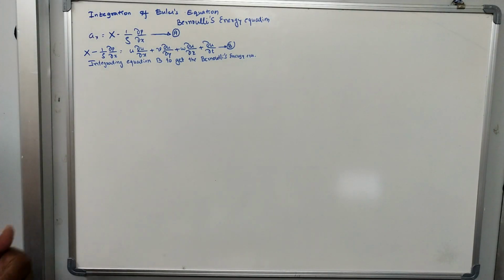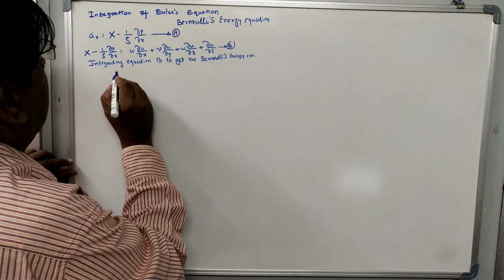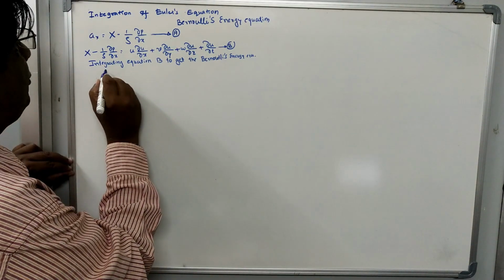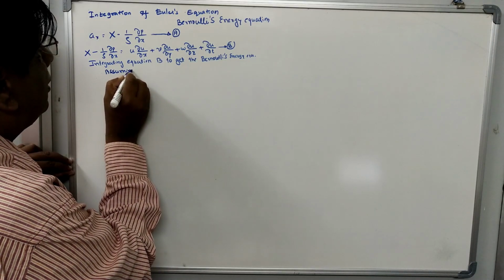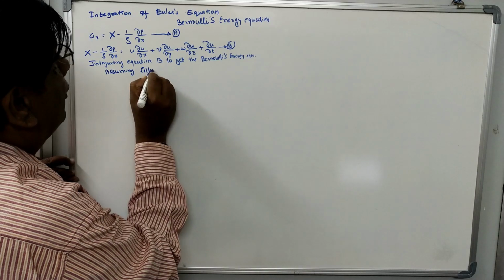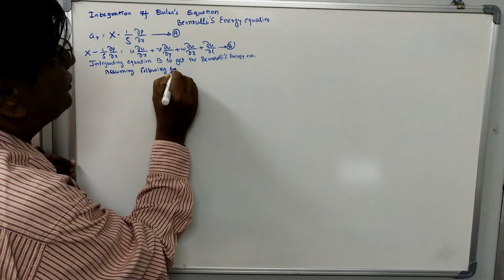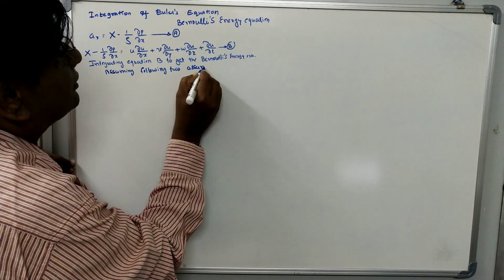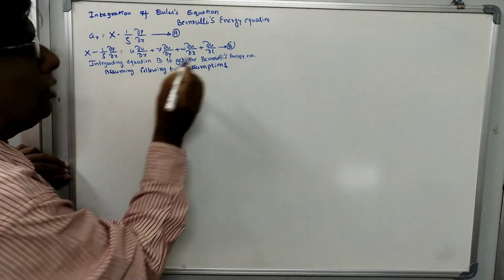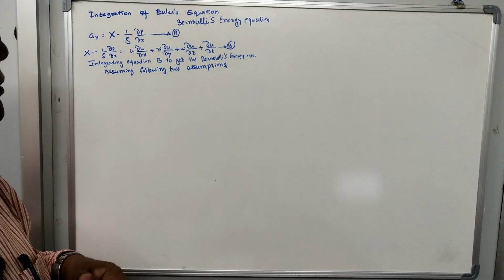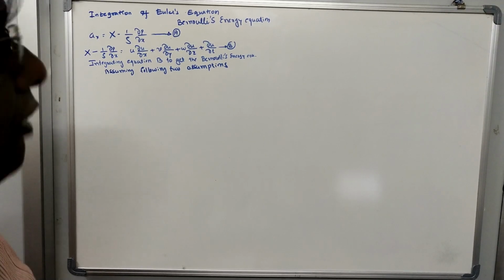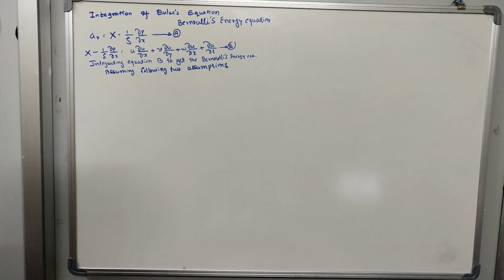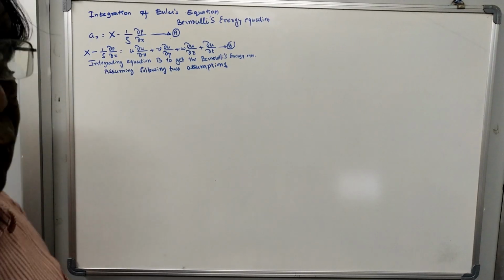To integrate equation B, let us consider two assumptions. While deriving the Bernoulli's energy equation, you have to integrate Euler's motion equation assuming the following two assumptions.